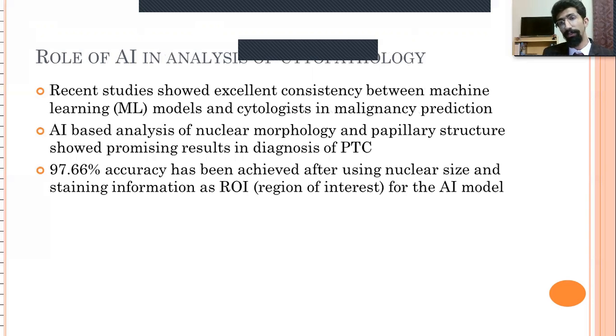These features are used as the patterns for training of the AI-based models for the diagnosis. A 97.6% accuracy has been achieved when we used AI for the diagnosis of papillary thyroid carcinoma.